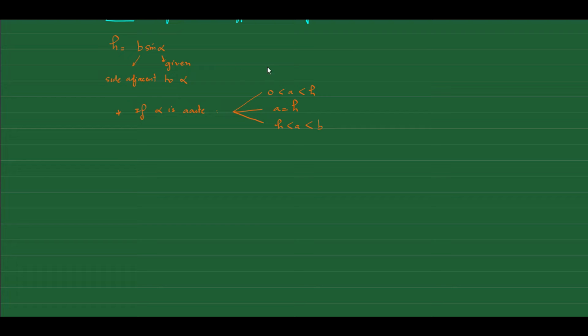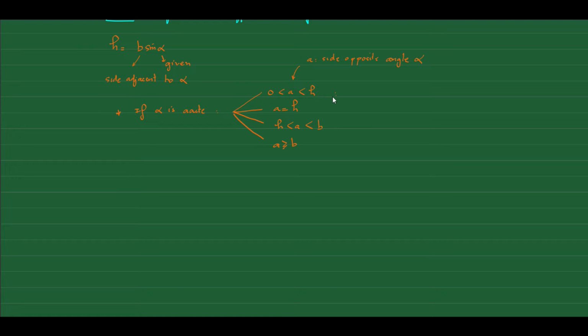So just mark over here. So a is the side opposite angle alpha. And the last case is a is greater than b.